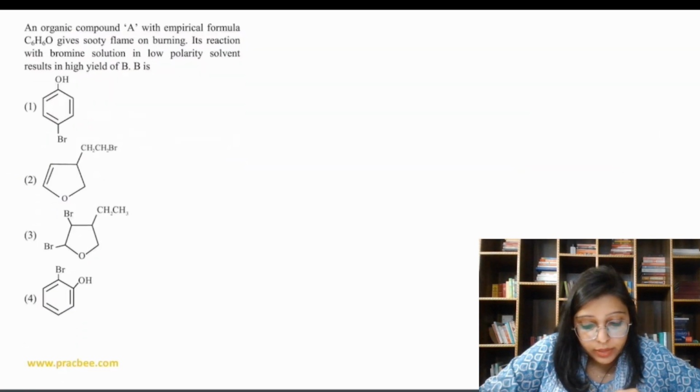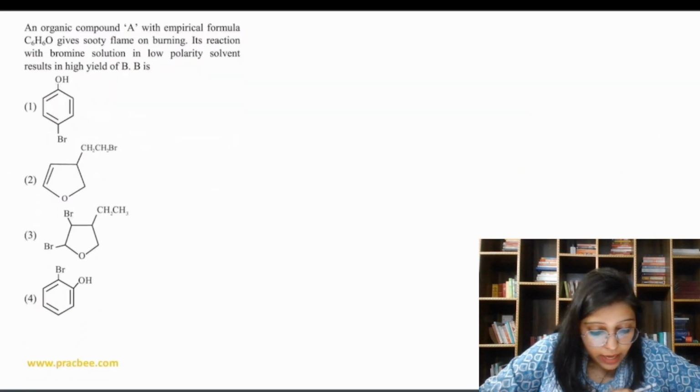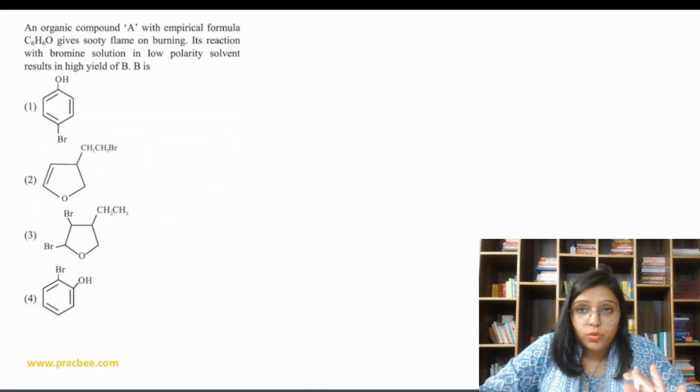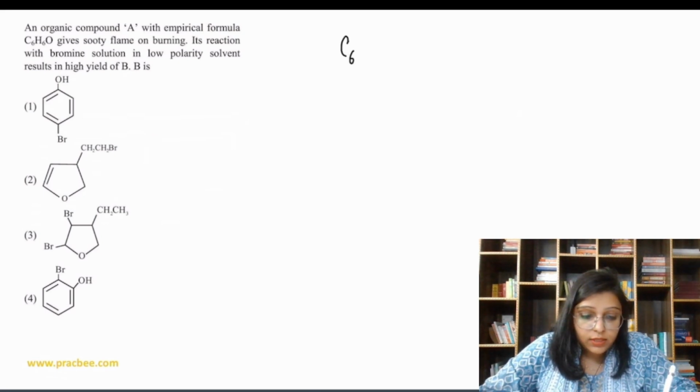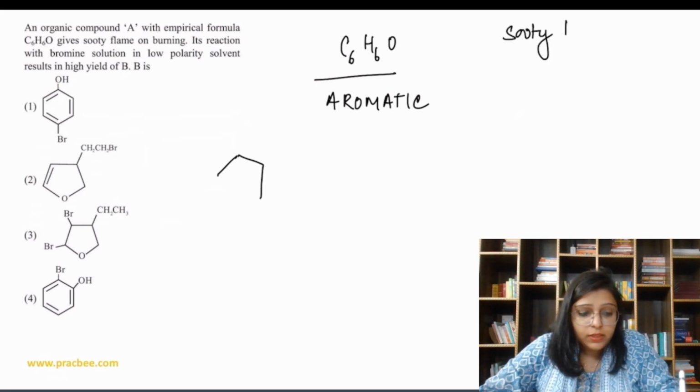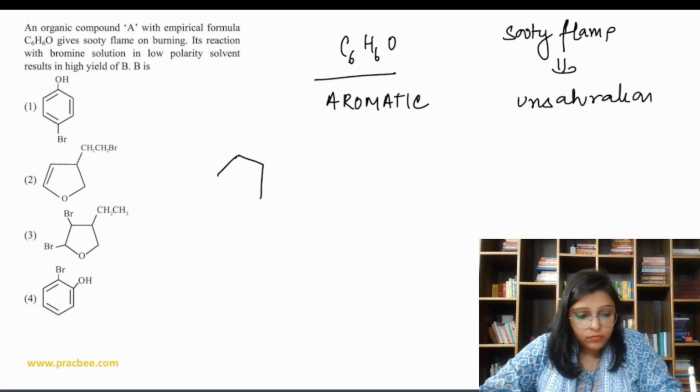Now let's do the next question. An organic compound A with empirical formula C6H6O gives sooty flame. If it is C6H6O, it means this is going to be aromatic, right? Sooty flame on burning means unsaturation is present.